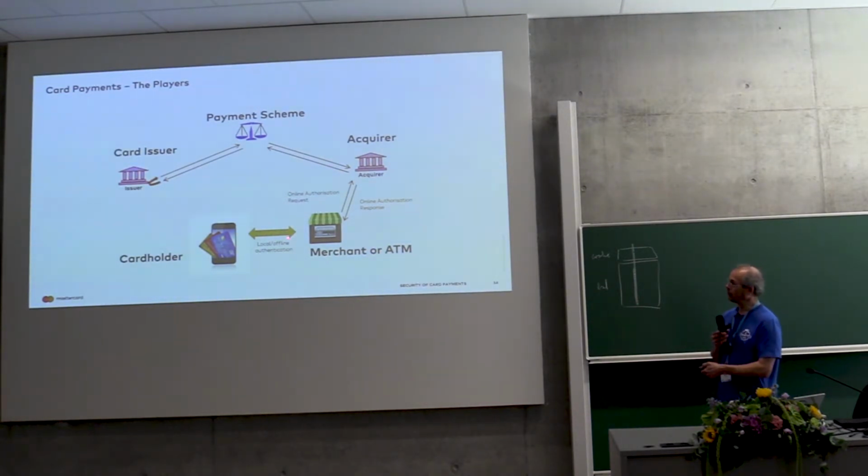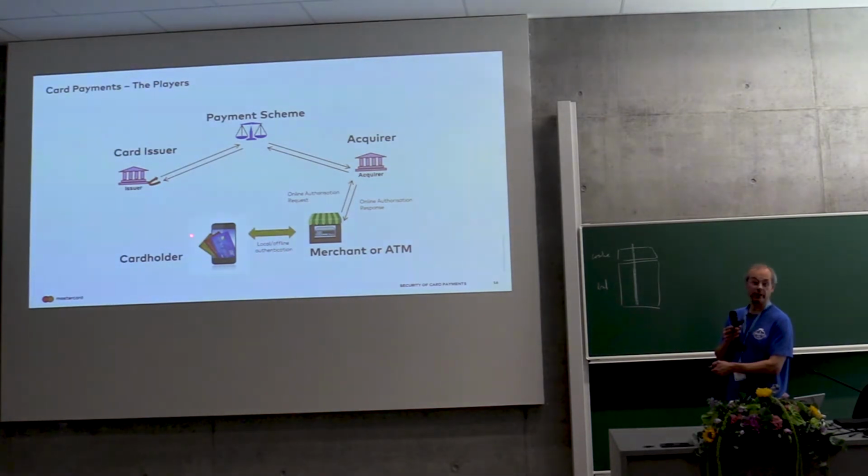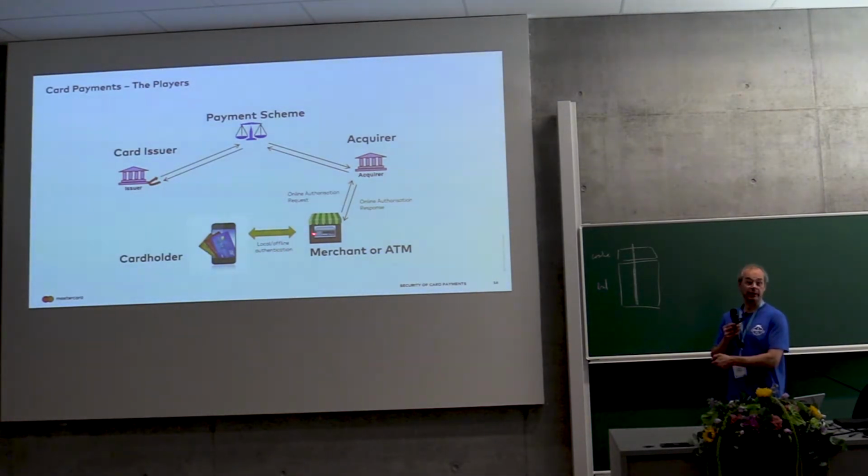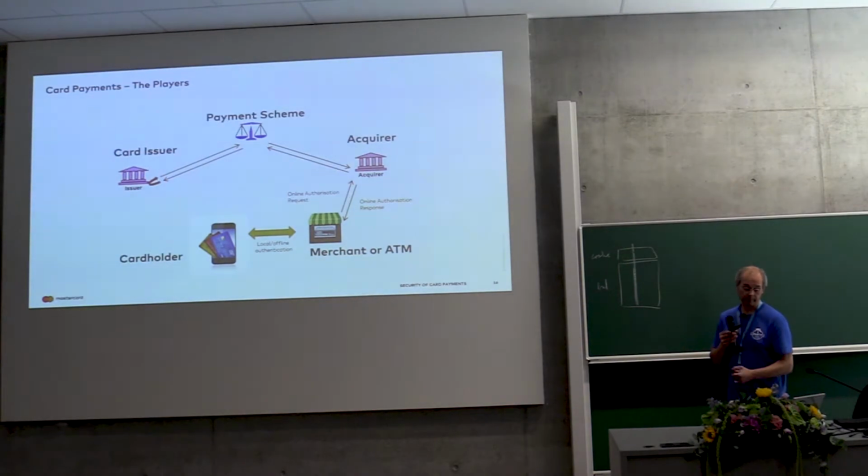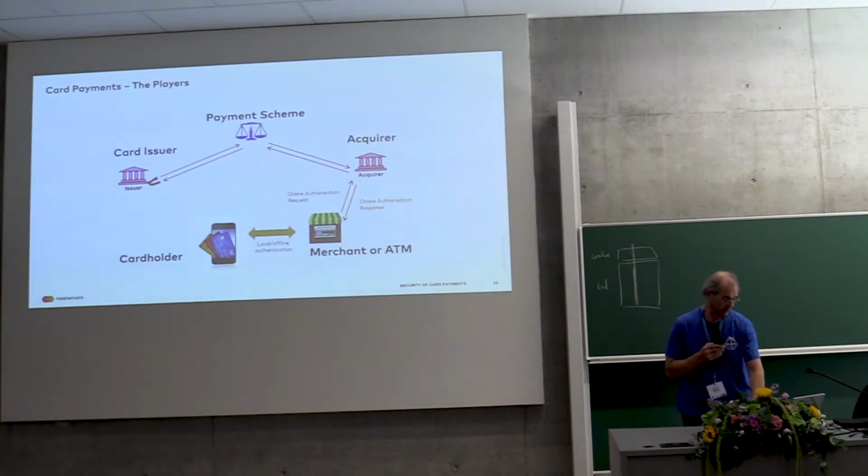This is why the local authentication, the so-called offline authentication of the card to the terminal, uses public key cryptography, RSA. Whereas if the transaction goes online, then the issuer can authenticate the card by means of secret key, symmetric key cryptography. And I'll explain how that happens in the next slide.